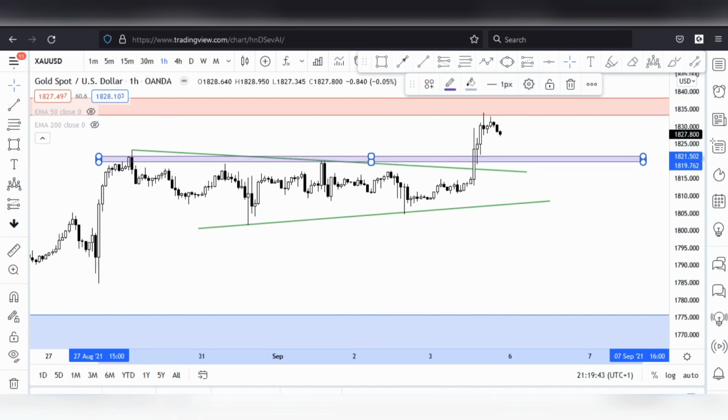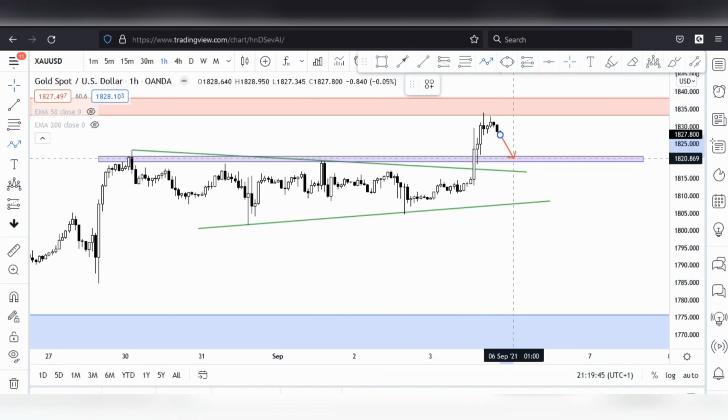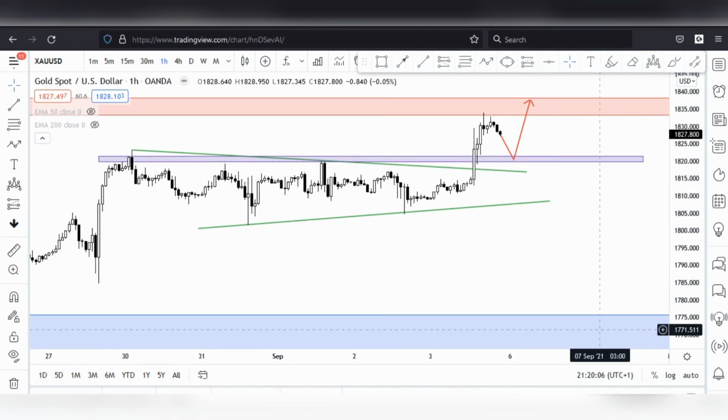So this can come all the way down here to this area, and you'll be looking to buy this trade once there is a bullish opportunity around here. Then you can buy it back to the top, and that can give you some pips as well. But if it continues to the downside and breaks below this level, then you should be looking to sell the trade and continue selling all the way down to this area.